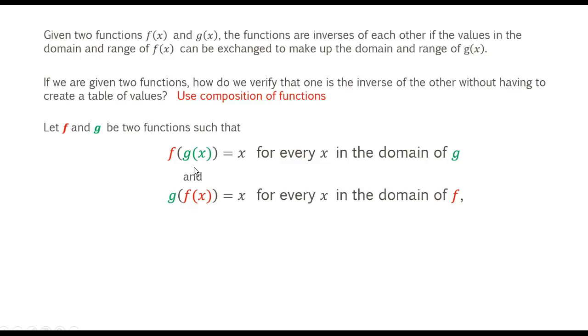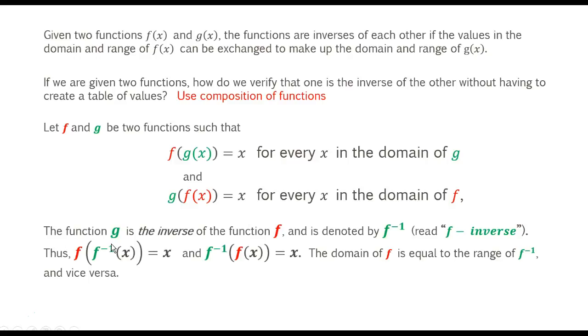F of g of x means we're going to take the g function and plug it into the f function. And when we simplify it, if we get x as the simplified answer, and if we do it the other way around, if we take the f function and plug it into the g function, simplify it and get x, this x is what's called the identity function.